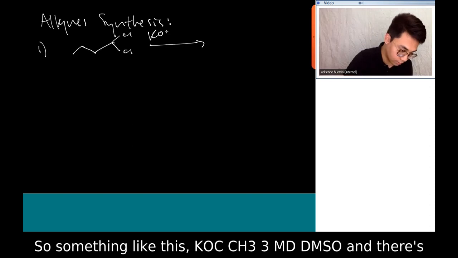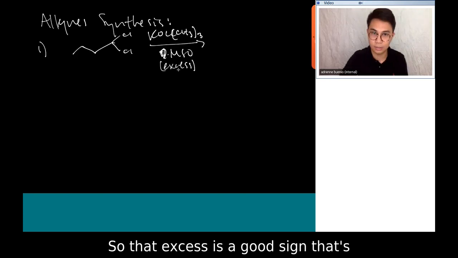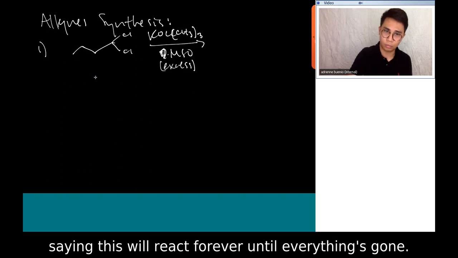Something like this: KOC(CH3)3 and DMSO, and there's an excess of both, right? So that excess is a good sign that this will react forever, so everything's gone, right?